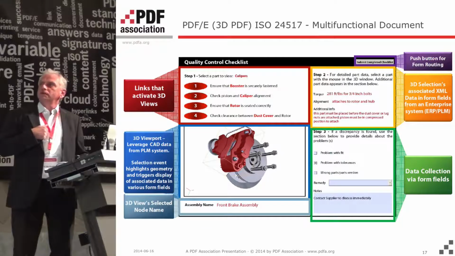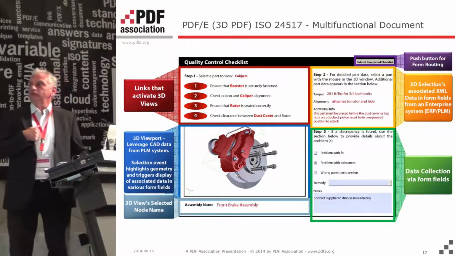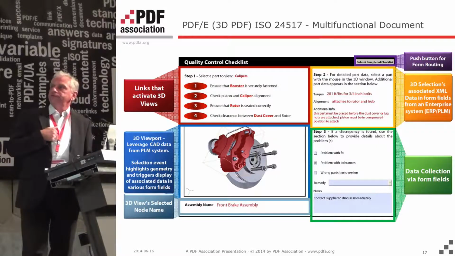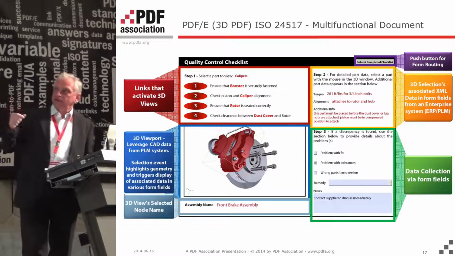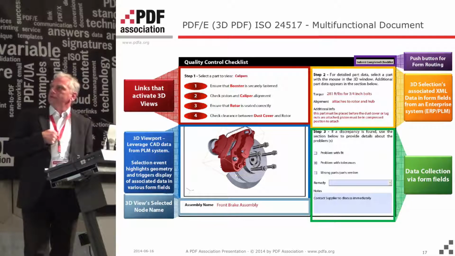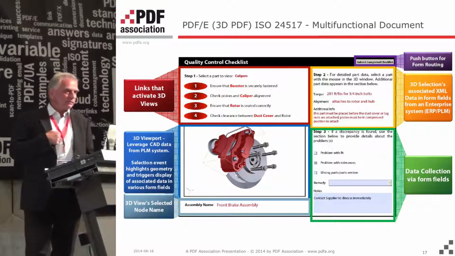In the lower left corner, you see some checklist. You may push on these buttons and these red numbers, and realize what happens in that 3D part. And you have on the upper right corner some detailed information about how to handle that part.